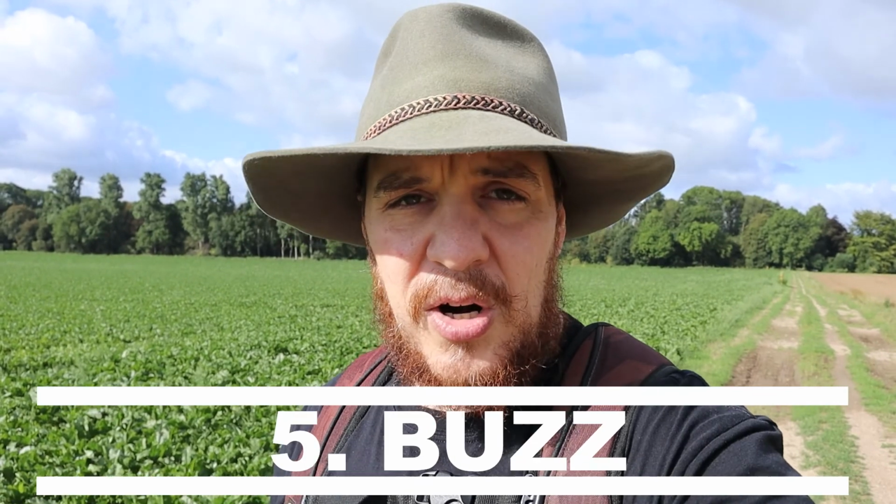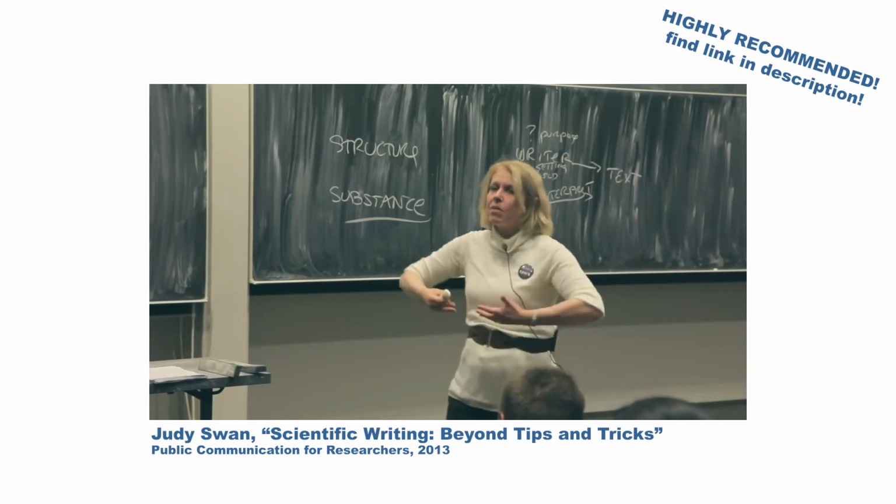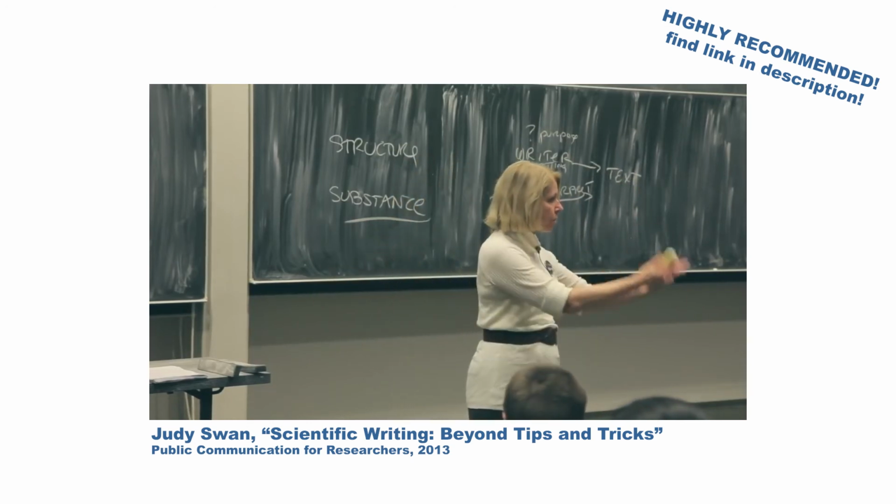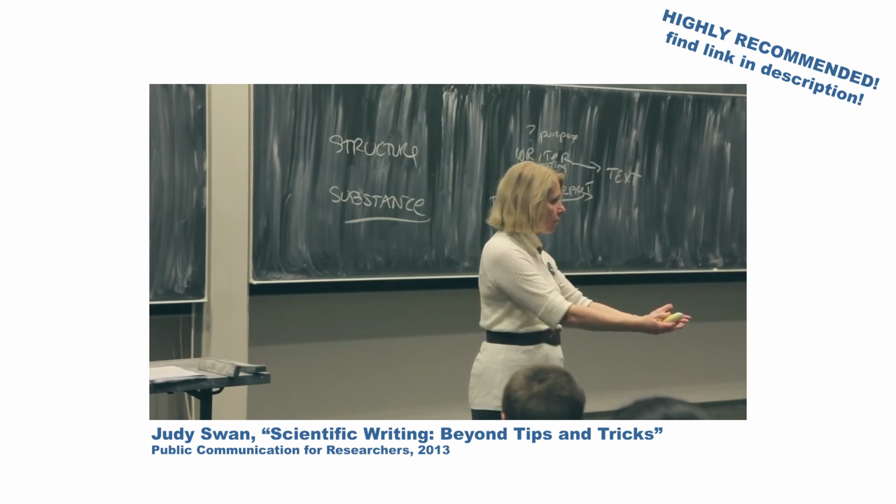All right, way number 5 to control emphasis is by using strong words. If you use a strong enough word, it doesn't really matter where you put it, it will catch some attention. Okay, so let me combine the final example with a recommendation for further watching here on YouTube.